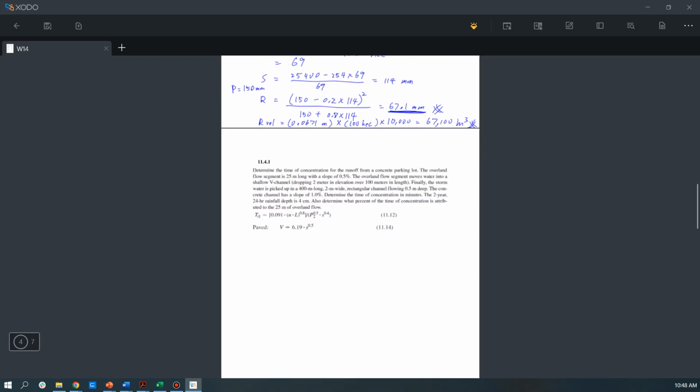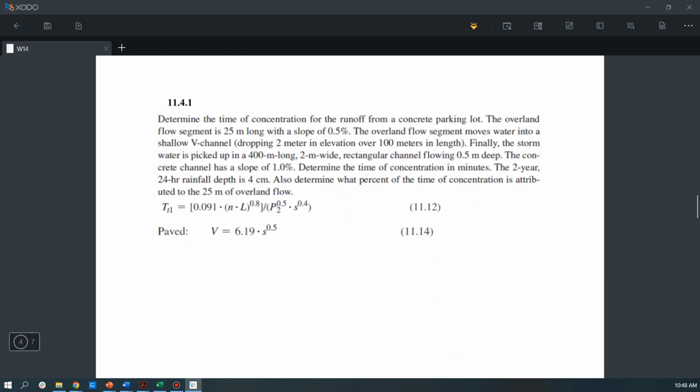Okay, let's move on to next one. 11.4.1. So in this problem, we need to determine the time of concentration for the runoff from the concrete parking lot.